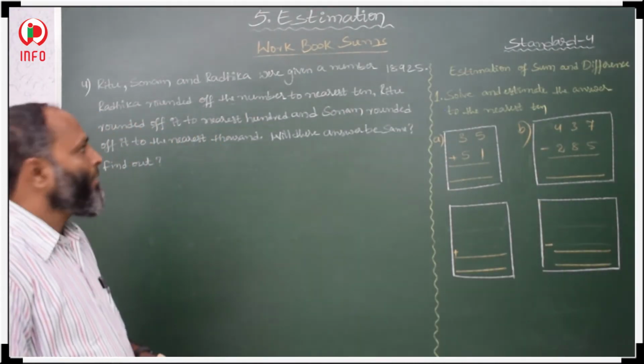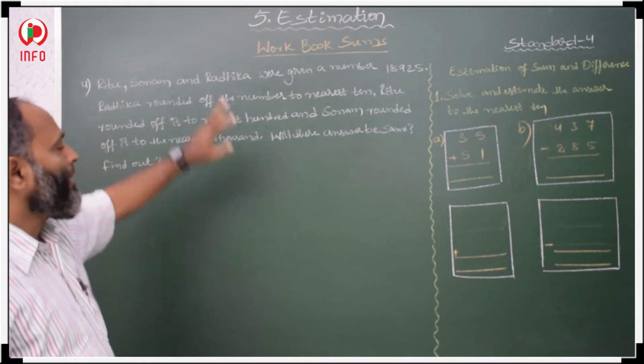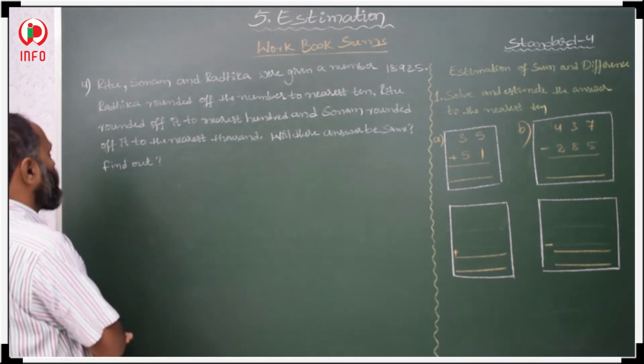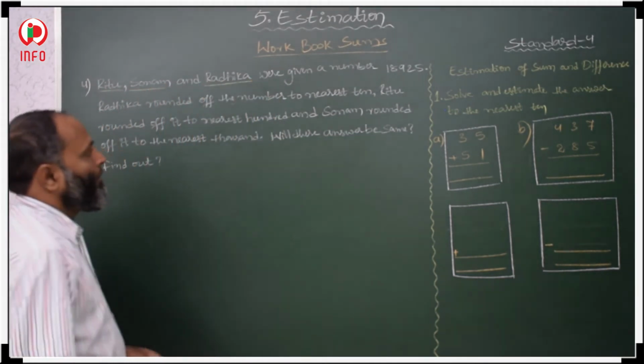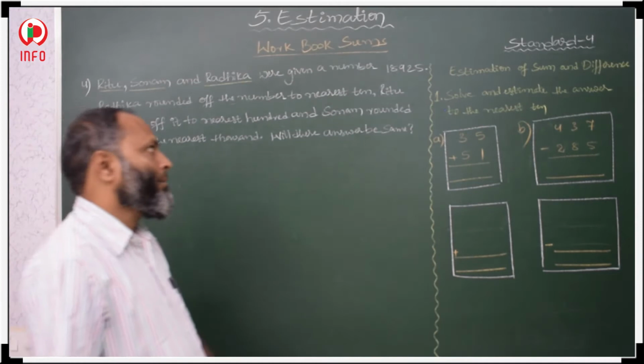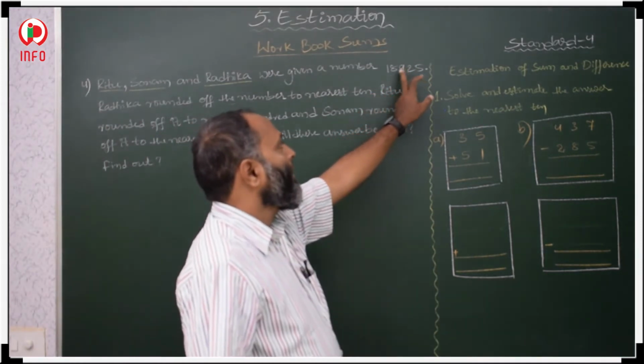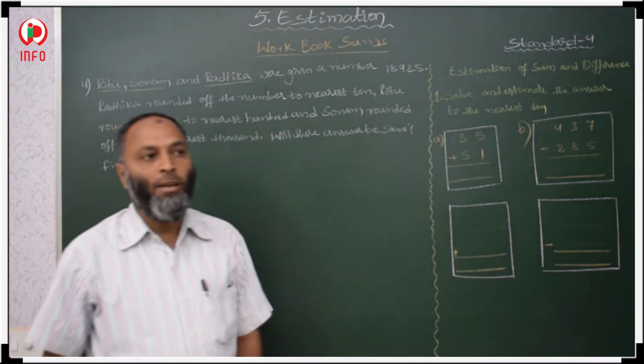A reasoning question. Here Ritu, Sonam and Radhika, 3 friends, were given a number. What is that number? 18,925. This is the number.